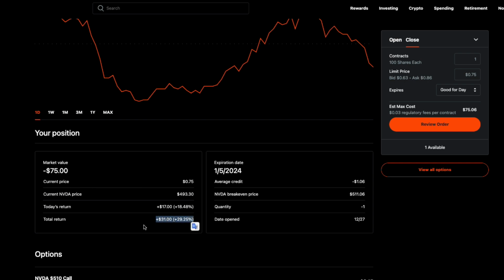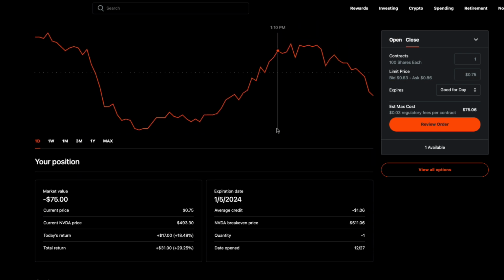So I'm going to keep this position for another week, but I'm going to take this as an example to show you how you can close it early if you want, or you can hold it till expiration and then close it on the day of the expiration. So in both ways I'm going to discuss this.